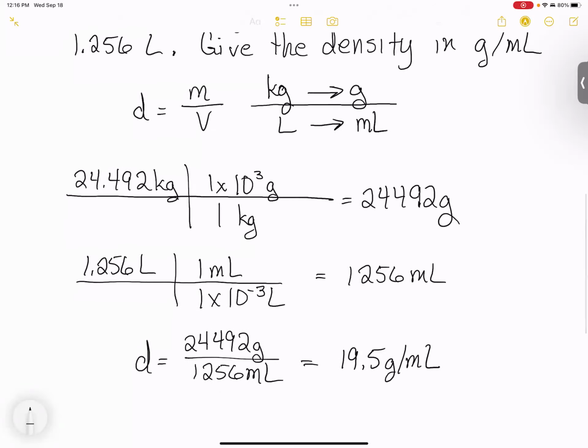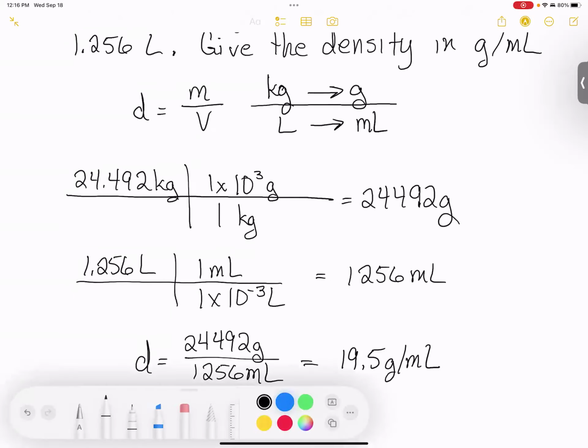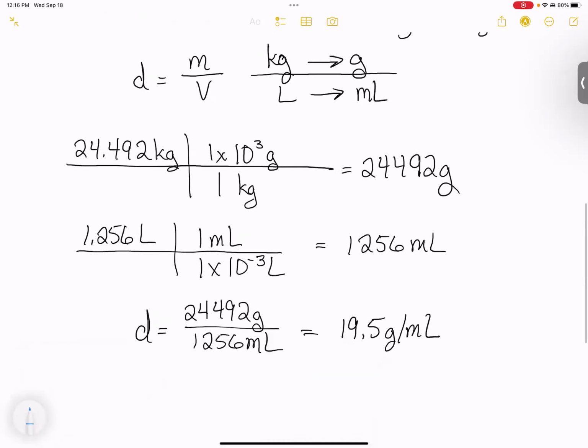Significant digits. Your mass had 5 significant digits. Your volume has 4 significant digits. This is multiplication and division. According to multiplication and division, the answer will have the same number of significant digits as the measurement with the fewest. The measurement with the fewest had 4, so our answer needs to have 4.